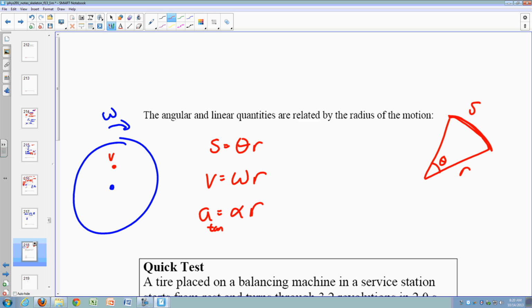So I'll call that a tan. This is a tangential acceleration. So we can relate those angular to our linear quantities in that way, and it's all based on that definition of the arc.